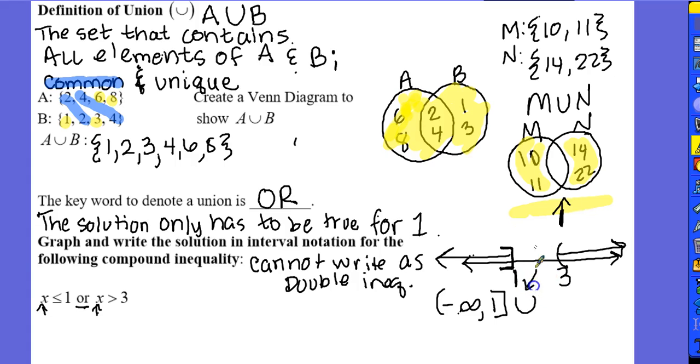So we use the union symbol for a gap, and you only ever use it if there's a gap in your graph. Any questions about that? I hope I'm making that clear.